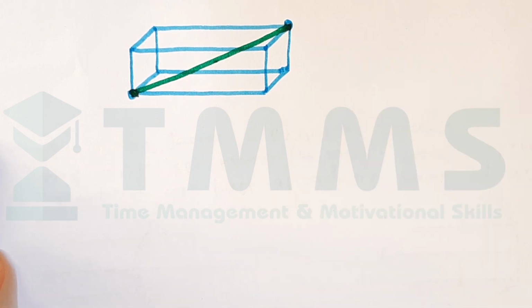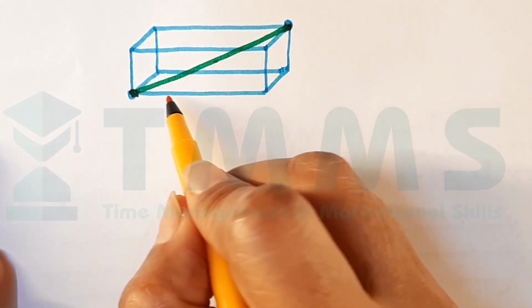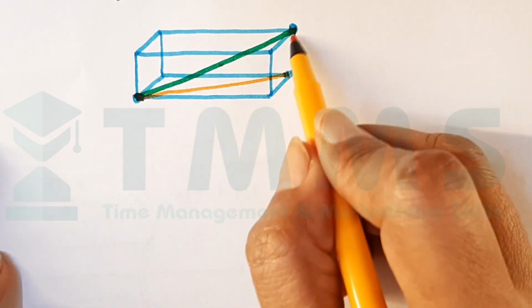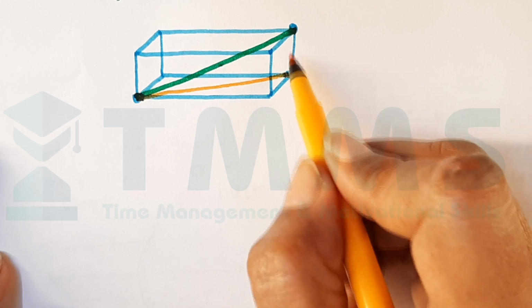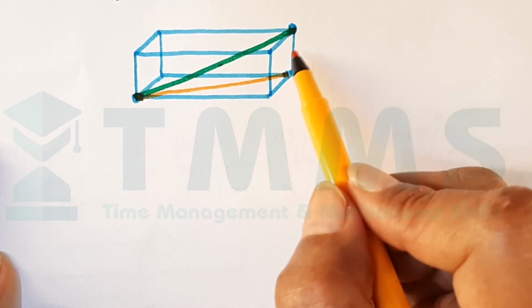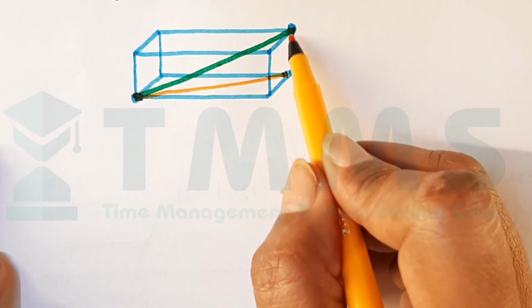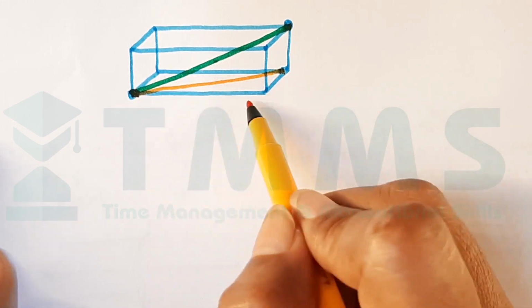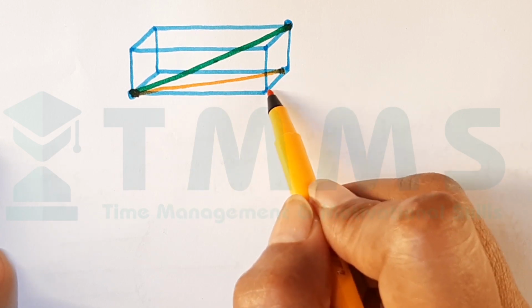Now, in order to get the length of this, we have to take this right triangle. Now remember, here it doesn't look like a right triangle, but if you look at the actual box, the vertical line here and this surface, they are at 90 degrees.